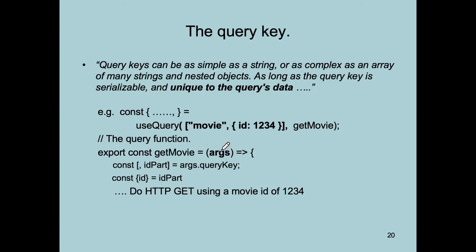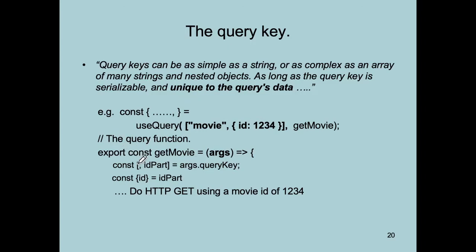The args argument will actually be instantiated by the React Query library itself, and it's going to be an object, and within that object it will have this information. So I'm showing you here how to dig into the object. If you go args.queryKey, that entire expression evaluates to this structure here. And I'm just doing some destructuring of it.